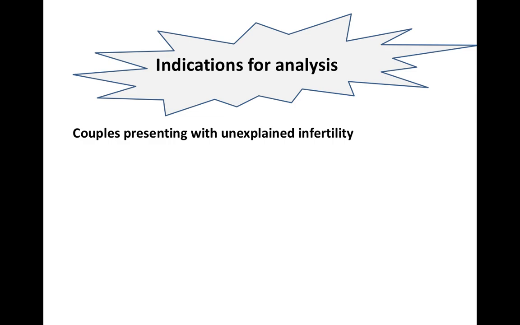So from the very beginning, ask both parents to do it at the same time. Or if there is a history of miscarriage, which means disruption of the pregnancy and spontaneous abortion.